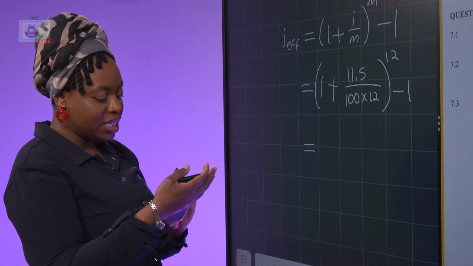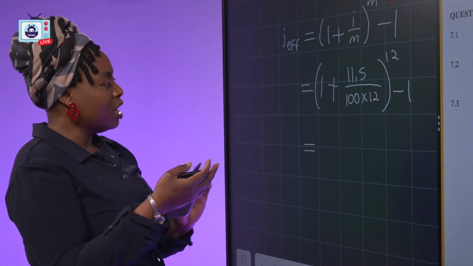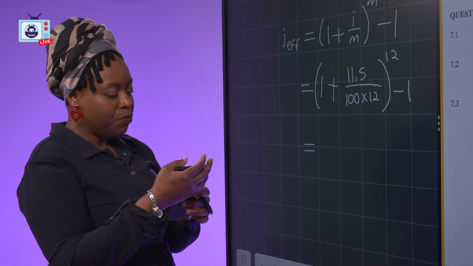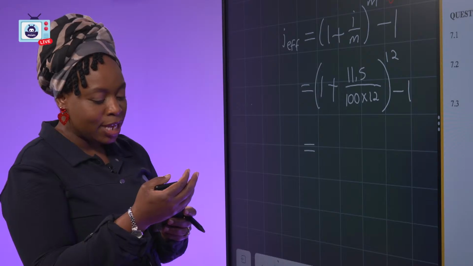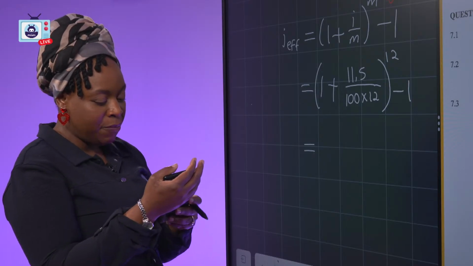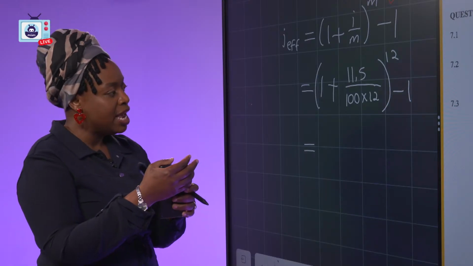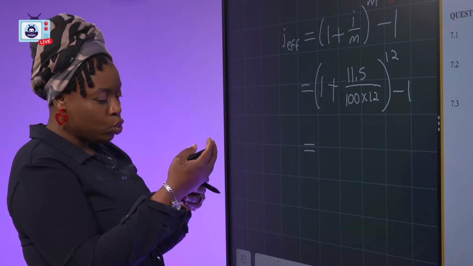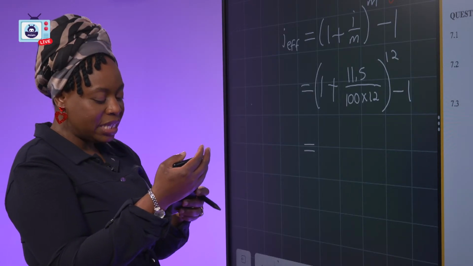Right away, you put your bracket and then you put 1 plus, and usually I like to use a fraction like that, then it's 11.5. If you don't have a calculator that shows the fraction, use brackets to separate the fractions there. It will also help you. Then we say divide by 100, multiply by 12, all to the exponent of 12, and then we subtract 1.